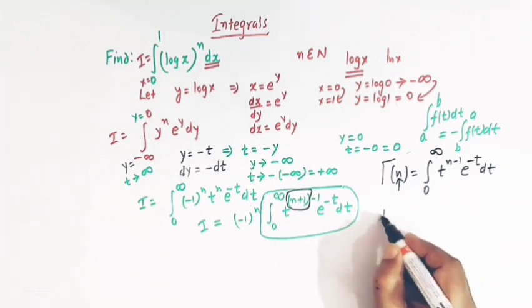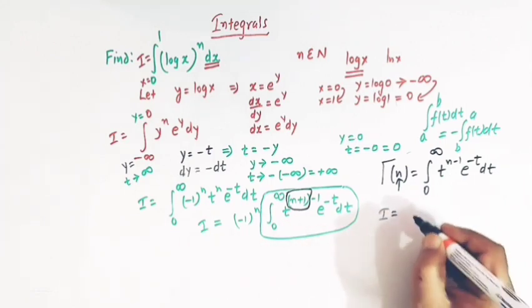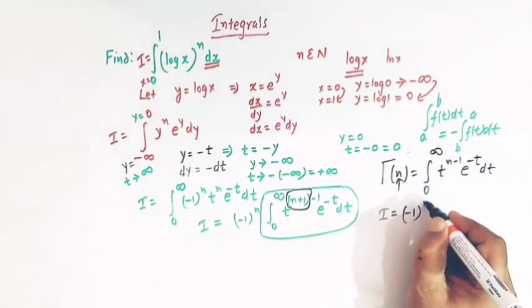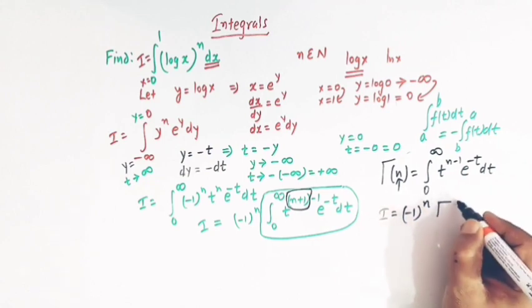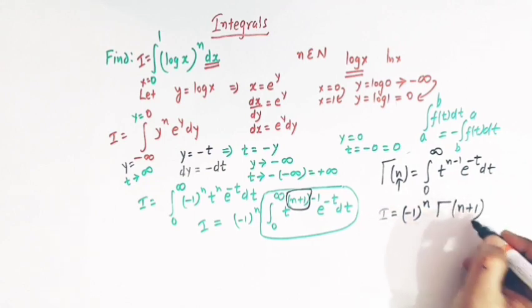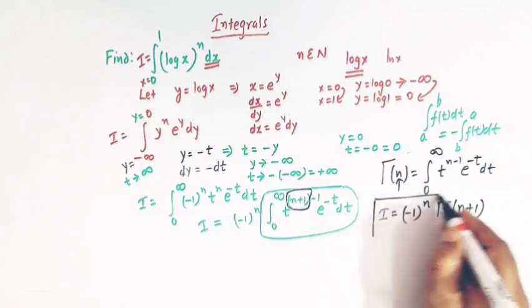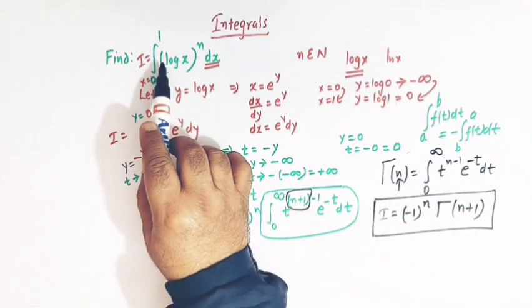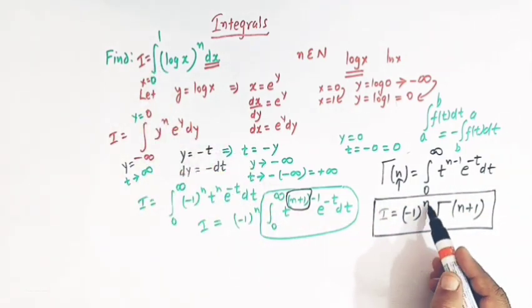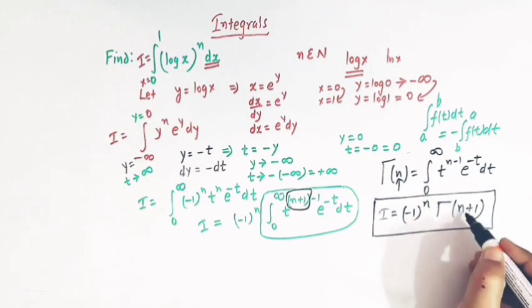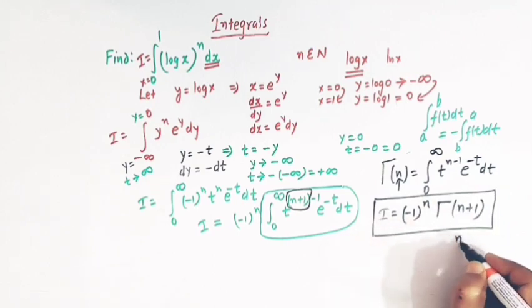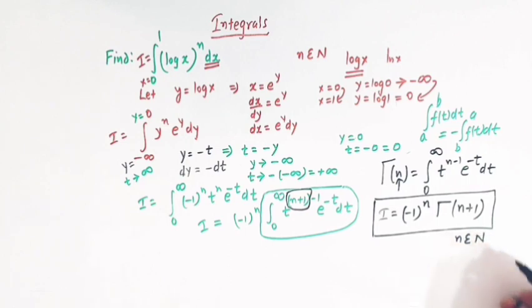So now this integral I is given by minus 1 raised to n gamma of n plus 1, where n belongs to the set of natural numbers.